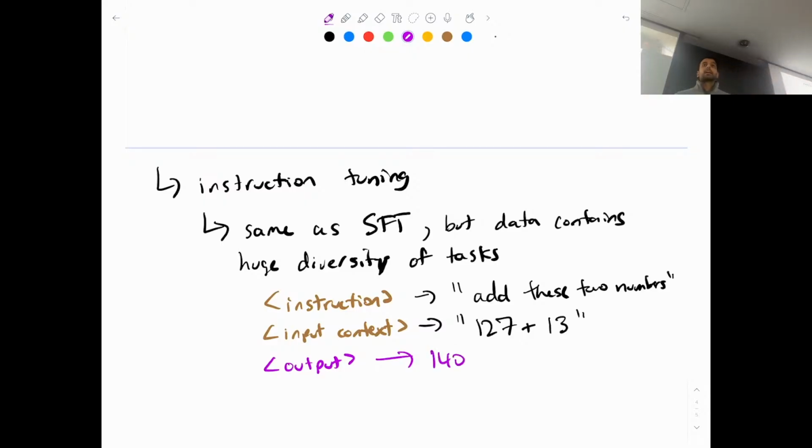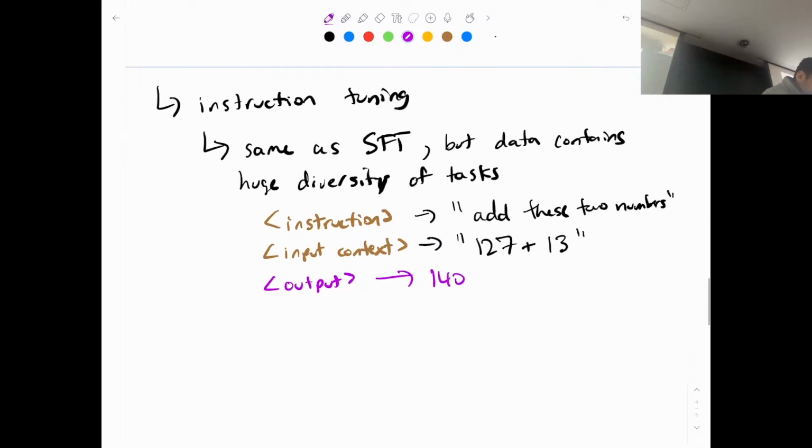Here you see that if we want many different tasks, the instruction is what allows us to differentiate the purpose of each task, right? Here I have "add these two numbers," but I could have a completely different task in the same data set.